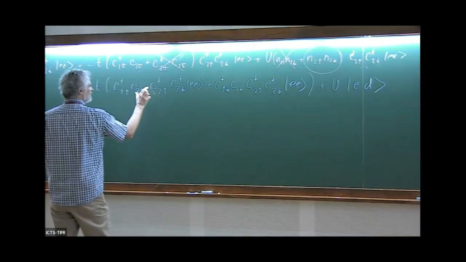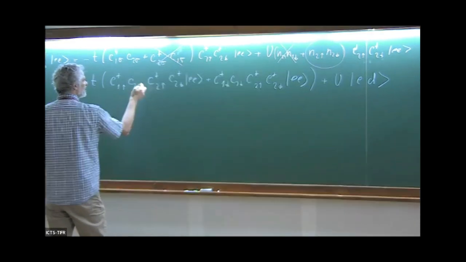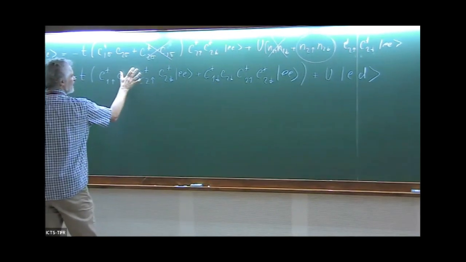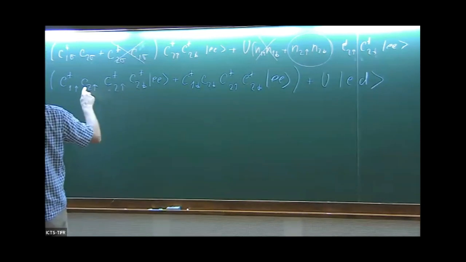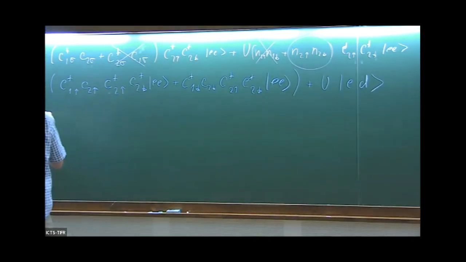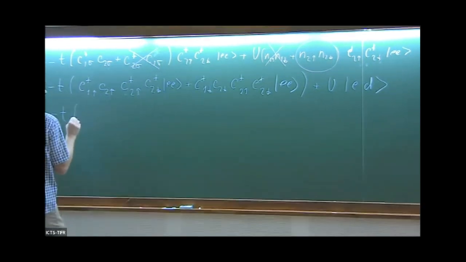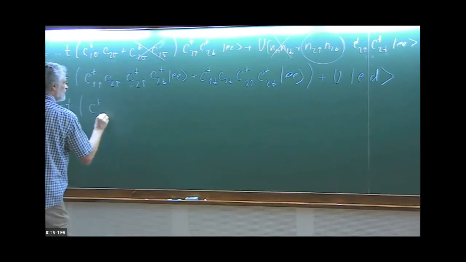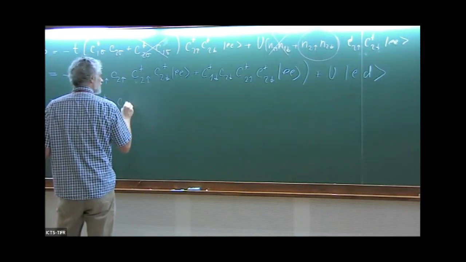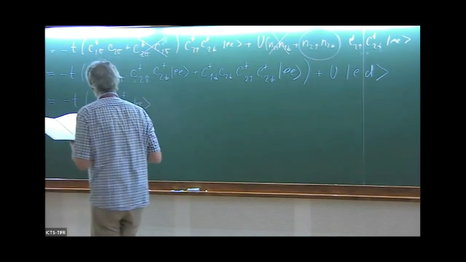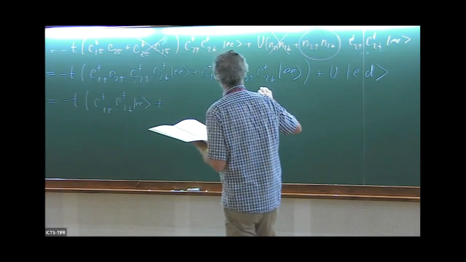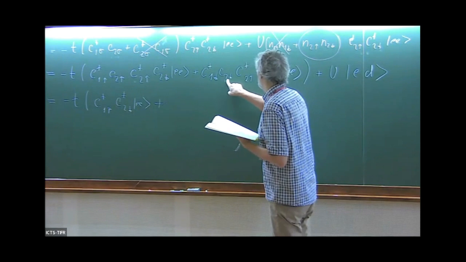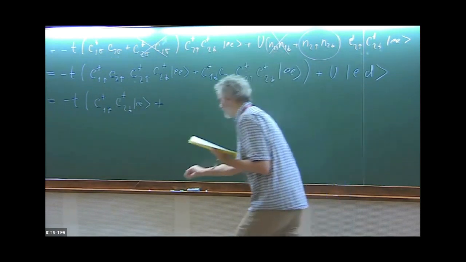Here I can do the commutation, and essentially these will eat each other, and what will remain is that I will move the upspin from site 2 to site 1: minus T times, maybe I do it slowly, C dagger 1 up, C2 down dagger, empty, empty, it's fine, plus here, this is the annihilation operator of downspin, and the other one is here.